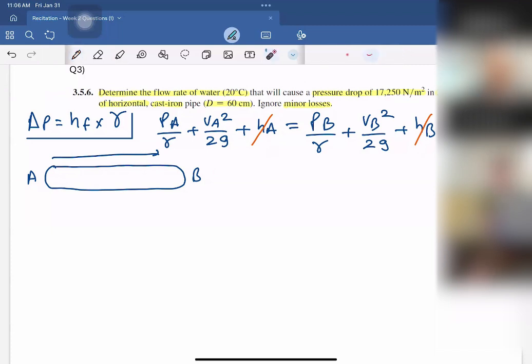Another thing is this is a pipe and there is no change in diameter, which is always constant throughout this pipe. So if we have velocity here, it will be the same here as well. So in this equation, we can eliminate these velocities as well.